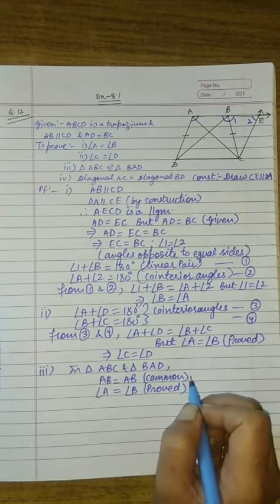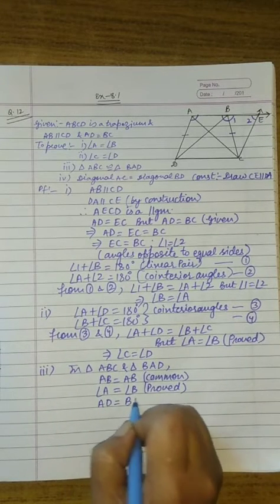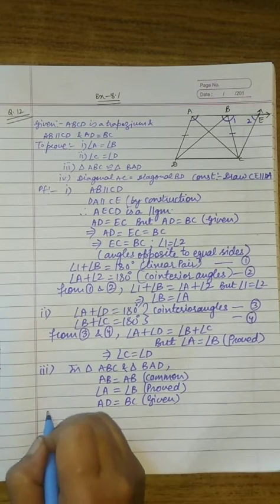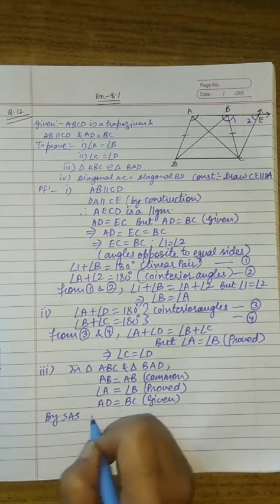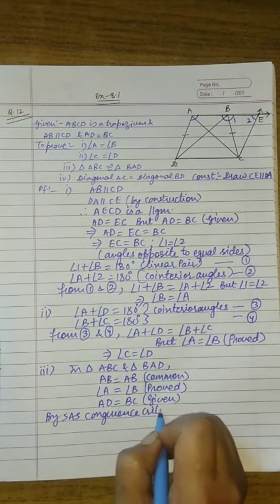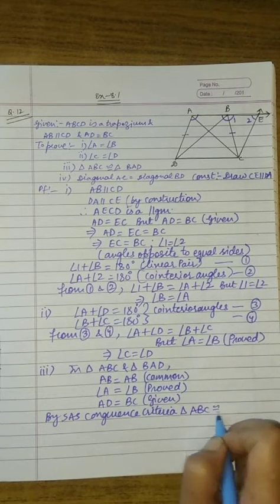And third side which is given equal, that is AD is equal to BC, it is given to us. So by SAS congruence criteria, triangle ABC is congruent to triangle BAD.